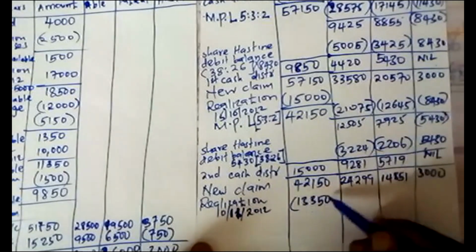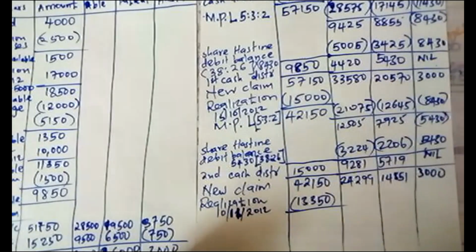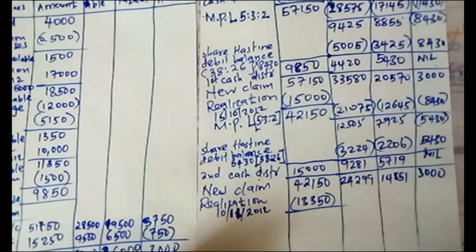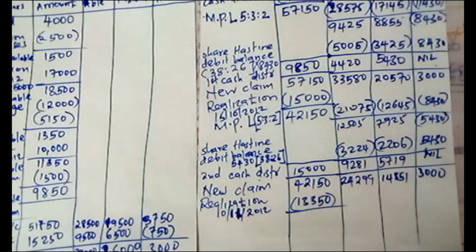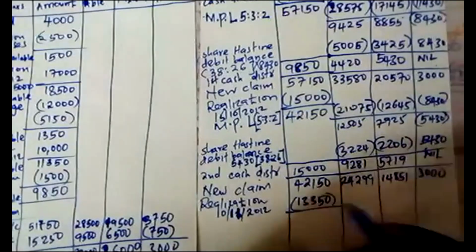So this is the cash which was available, and you reduce it from the claim they were making. So the balance is 42,150 minus 13,350, which is 28,800.